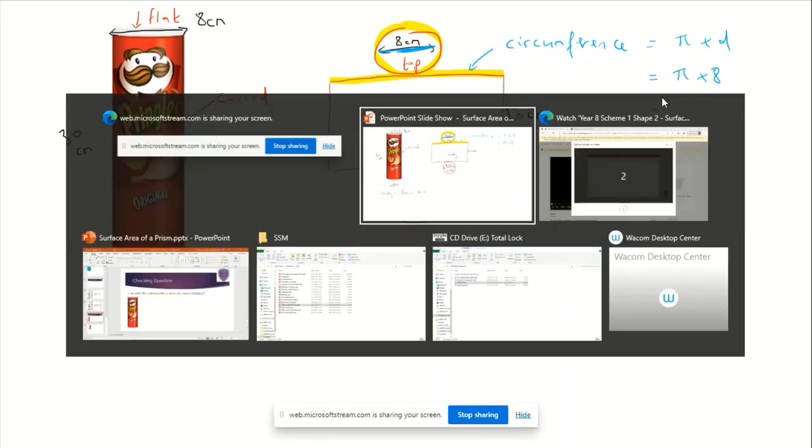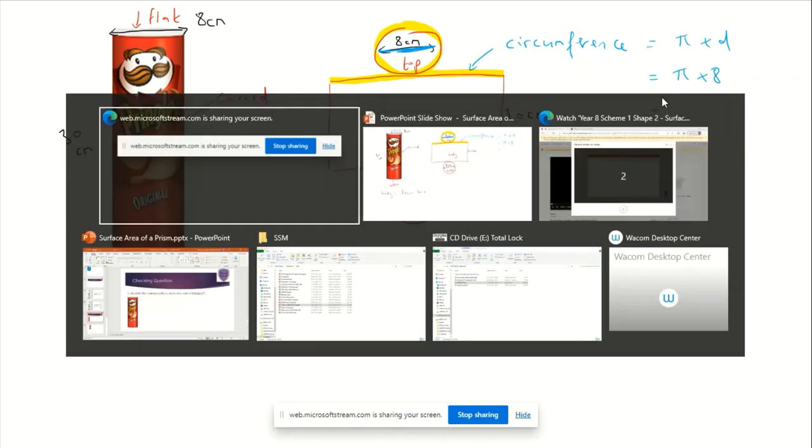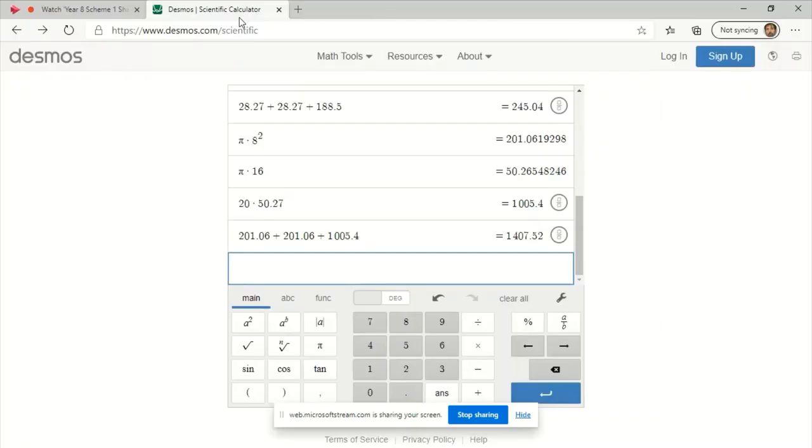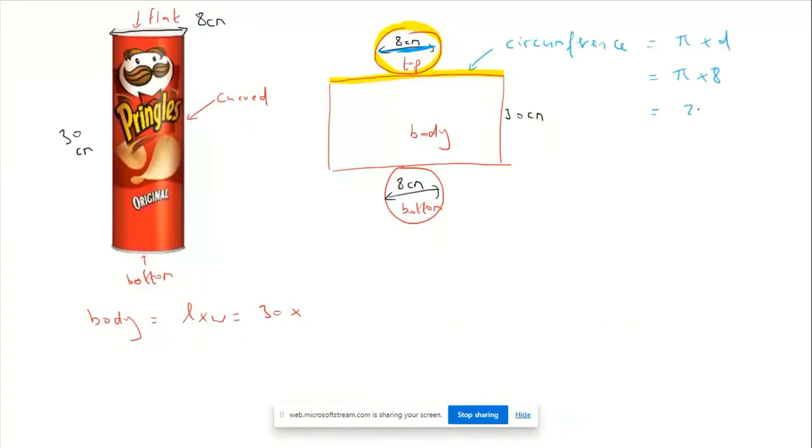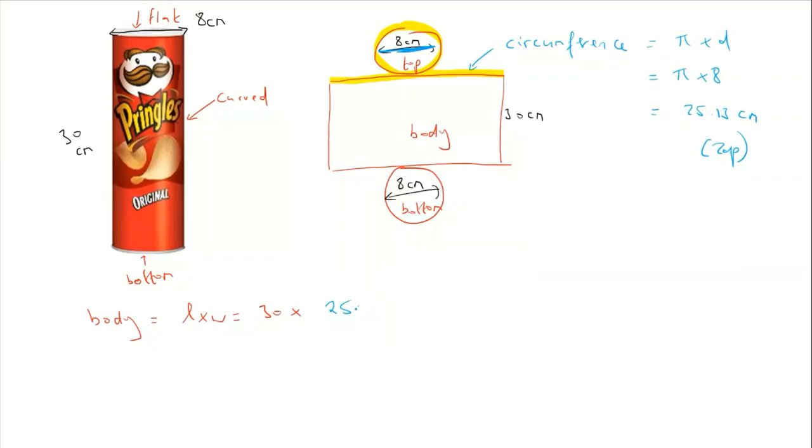So pi times 8, on my calculator, sorry. So pi times 8 is 25.13 centimeters to 2dp. So it's 30 times 25.13.